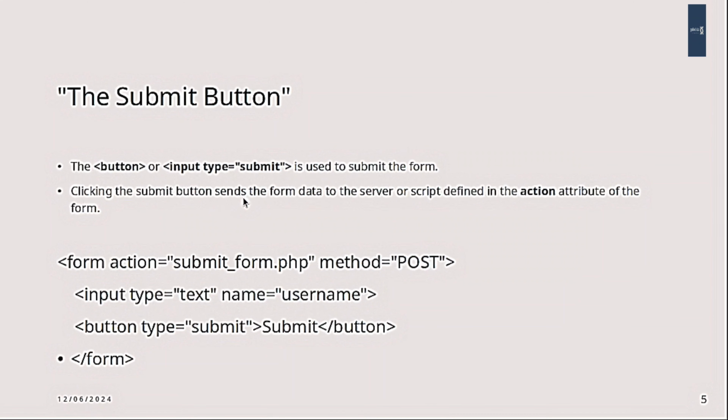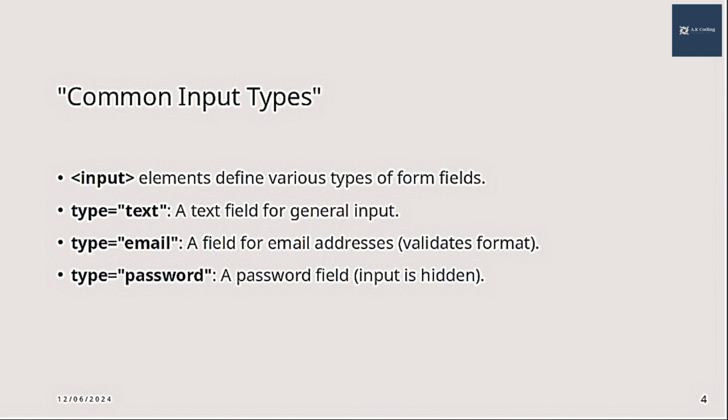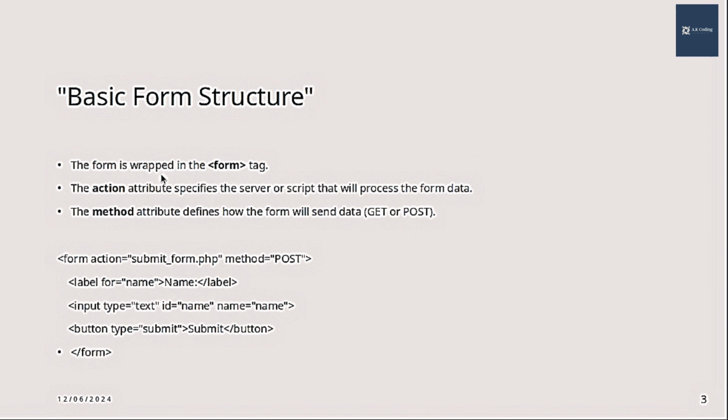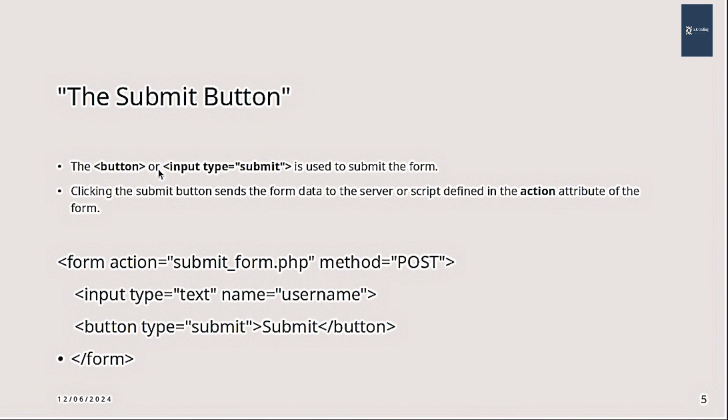Button is a button that you can execute code with by clicking, right? So clicking the submit button sends the form data to the server or script defined in the action attribute of the form, as you can see here. So we can also declare type submit for button.